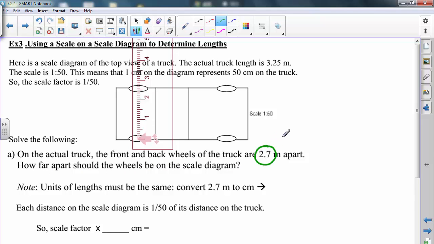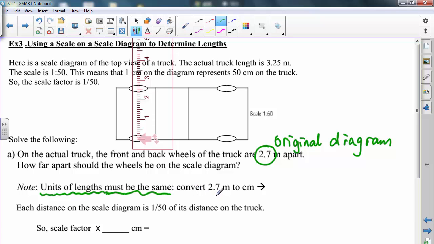So this one is the length in the original diagram. If I want to find the length on the scale diagram, I will use the original diagram length times the scale factor. But before I multiply the scale factor by the length on the original diagram, make sure that units of length are the same.